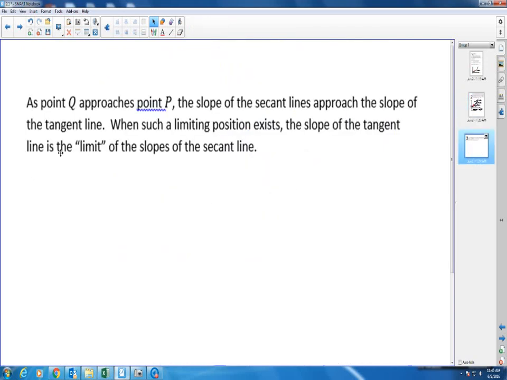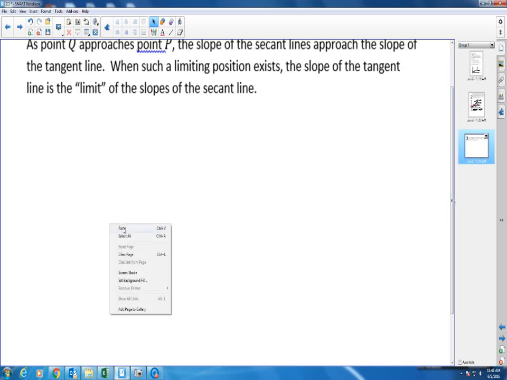Alright, so the last point here is saying as point Q approaches point P, the slope of the secant line will also approach the slope of the tangent line. When such a limiting position exists, the slope of the tangent line will be the limit of the slope of the secant line.